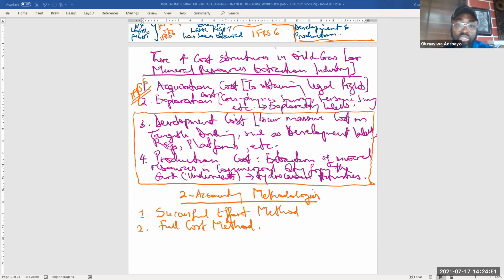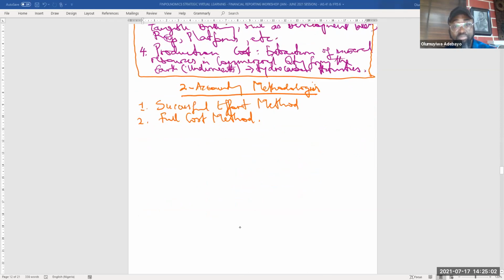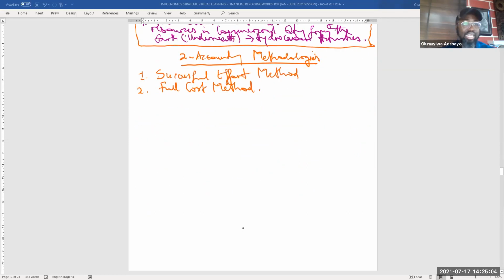The last two costs, development costs and production costs, are usually influenced by the two accounting methodologies, which I said are successful effort method and full cost method. These are totally outside the scope of IFRS 6. Now, the word successful, what it means is this.